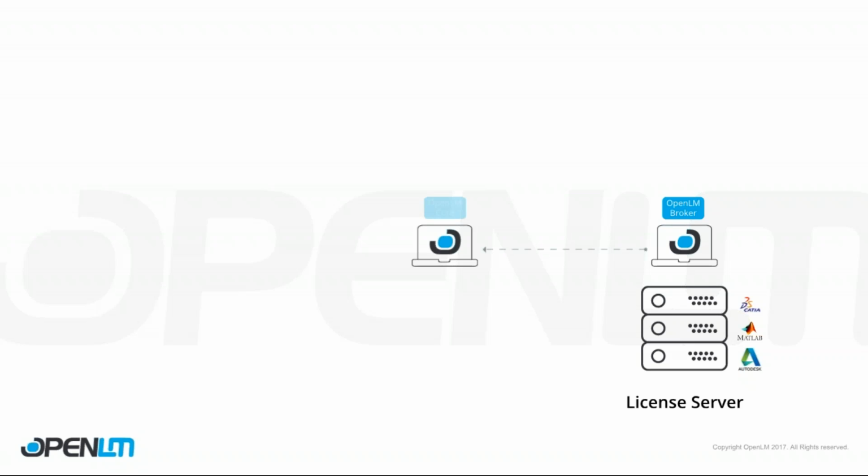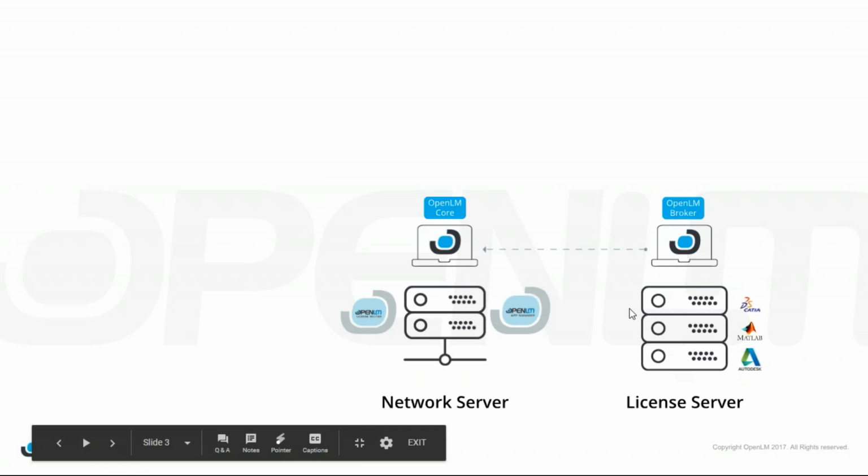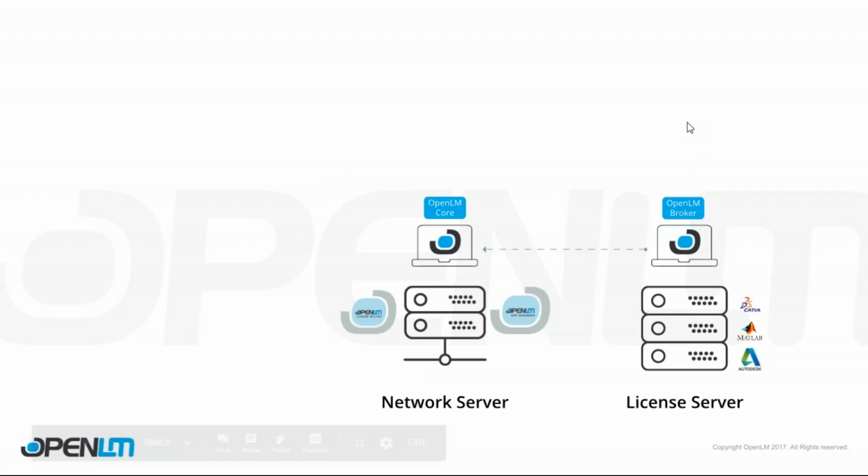What the OpenLM Broker does is simply send information to the OpenLM server, to the OpenLM core. This is the basic structure: broker on the license server, the core on the network server, and that's it. All the brokers transmit information to the OpenLM core.